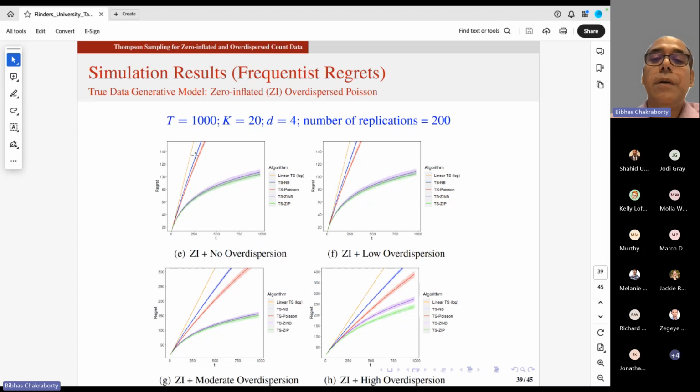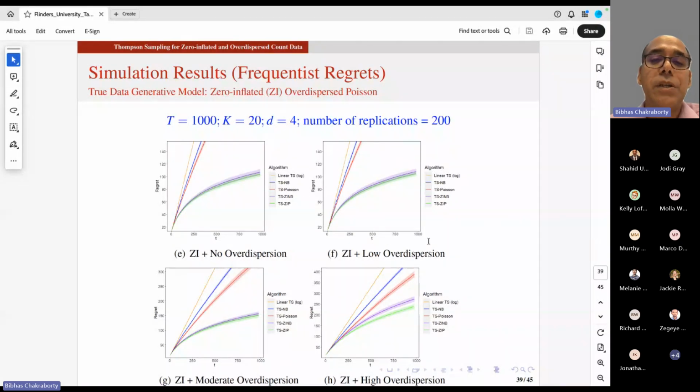So linear Thompson sampling, of course, performs poorly, but the Poisson and negative binomial models without zero inflation adjustment are also not doing very well. However, the zero inflated models, when we incorporate them into Thompson sampling, are doing well. They are bending the curve. And in fact, the Poisson versions, compared to the negative binomial versions, are doing better.